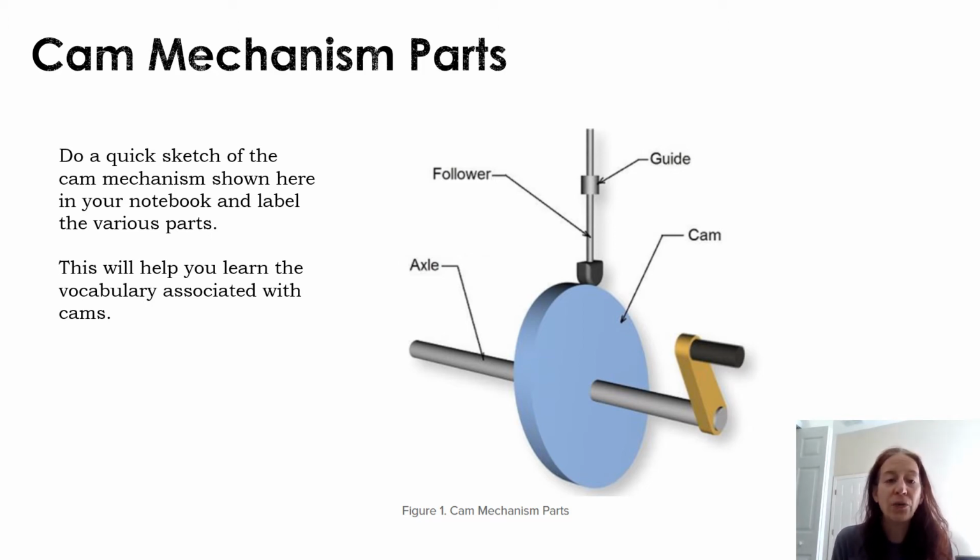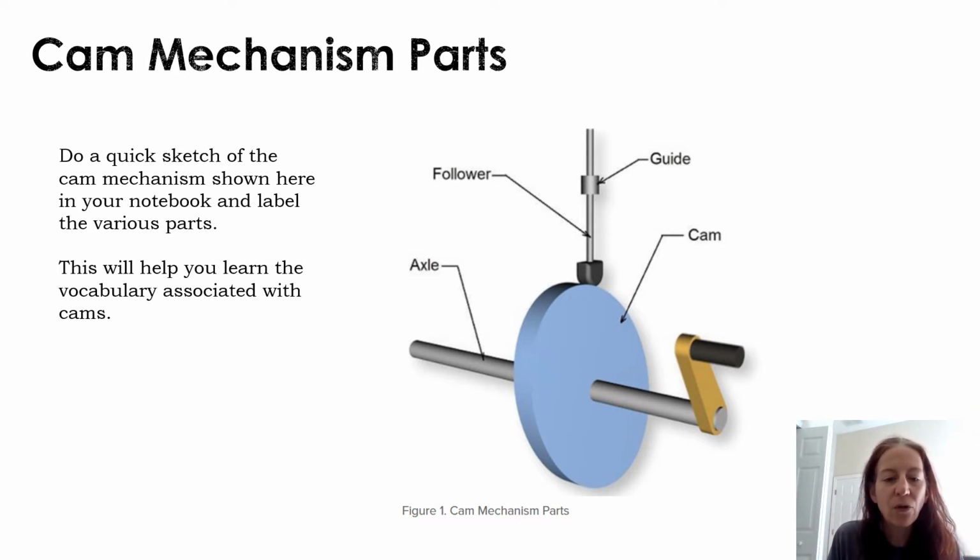So what I want you to do, and pause the video if you need to, is to do a quick sketch of the cam mechanism shown here in your notebook and then label the various parts. And the act of writing and labeling is going to help solidify that vocabulary in your head. So if I talk about the follower, you're actually going to picture the right thing in your head. You're not going to be picturing the wrong thing.